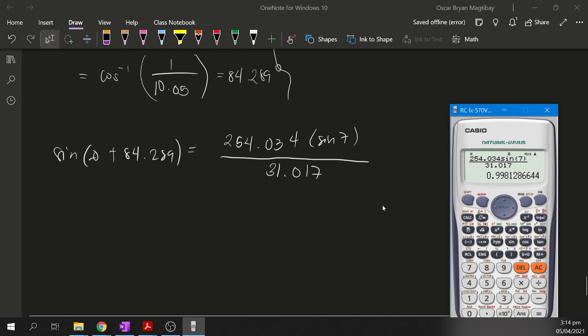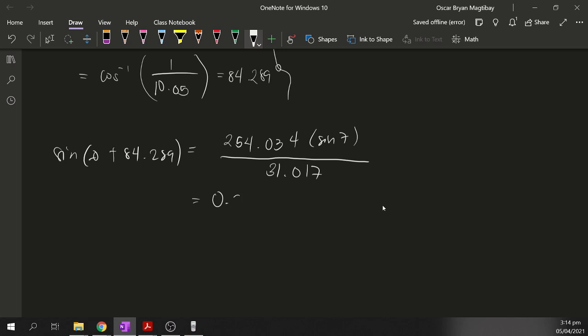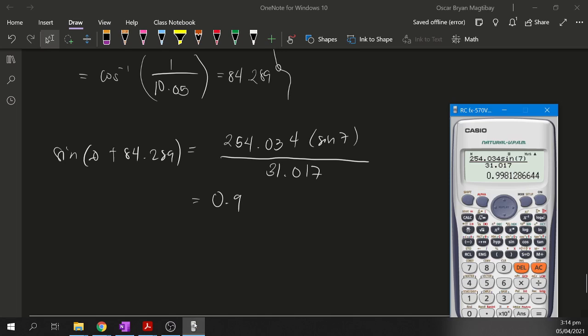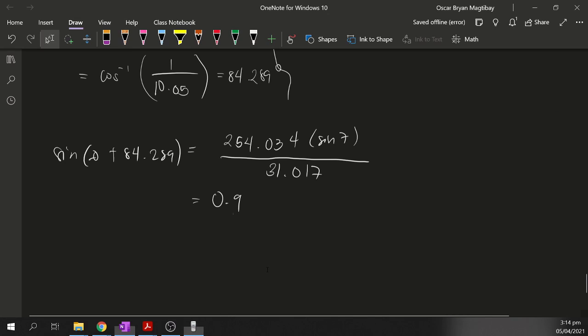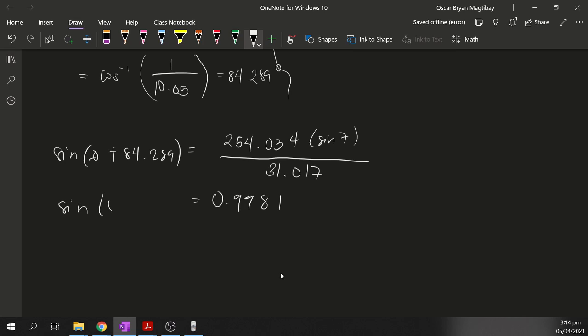So, this is 0.9981, and this is sine theta plus 84.289. Arc sine.